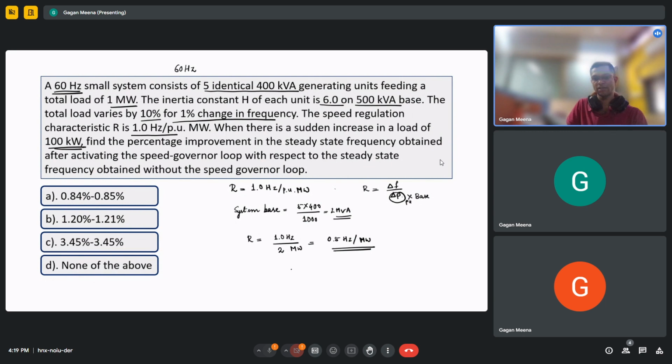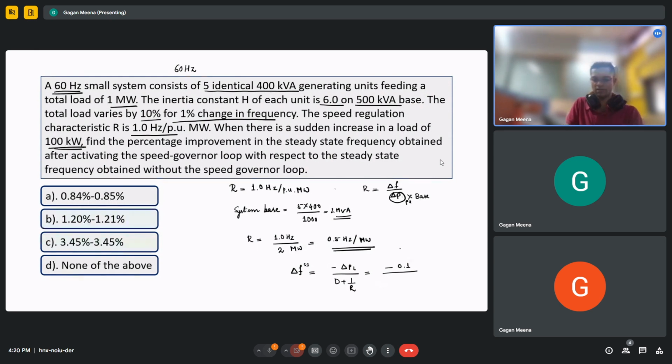So now we need to find out the frequency deviation, delta F. So delta F steady state in this case is minus delta P by the same thing, 1 by R plus D. So this is minus 0.1, and D we found earlier also, 0.1833.